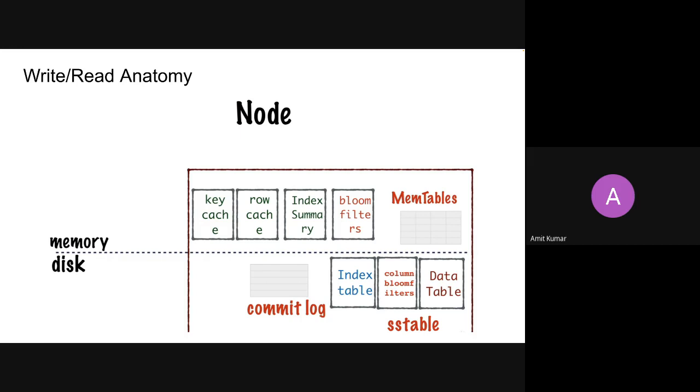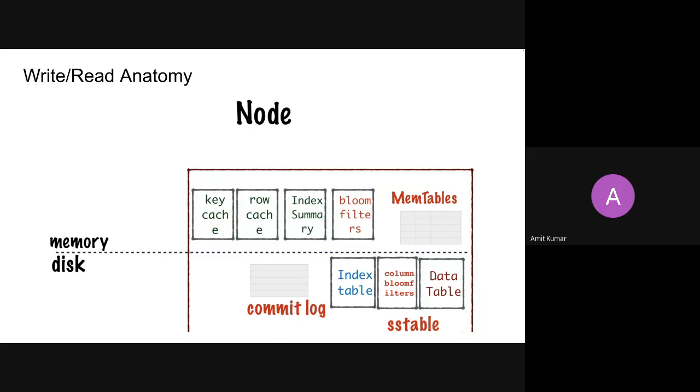Then it will have the index summary also, if it is updated. From the index summary, it knows the key range, what range of the index it has to traverse in the index table. Then it goes to the index table, and from there it identifies the location on the data table where that particular row is present.